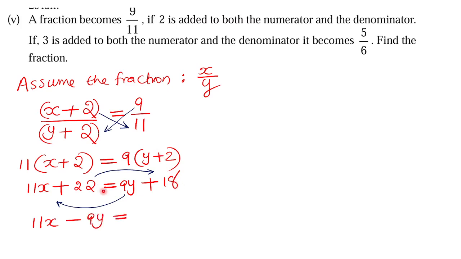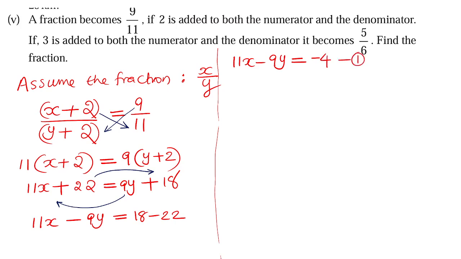Right side will be 18 minus 22. Okay, let me write that step. 18 minus 22. So in the next step, 11x minus 9y is equal to, what is this? Minus 4. Equation number 1.